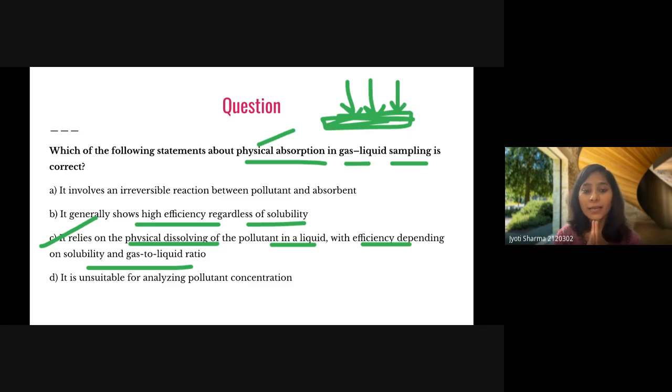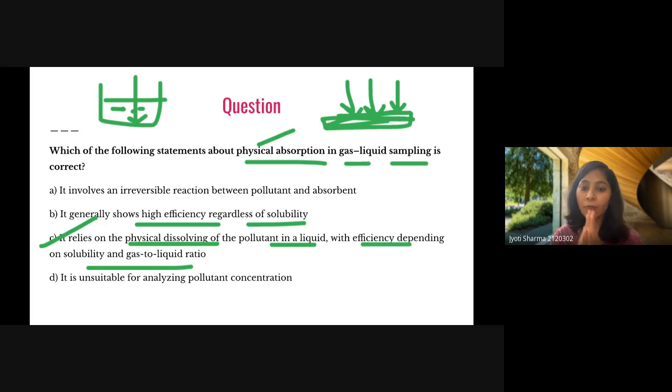The other is absorption, right? In absorption also we have physical absorption and chemical absorption. In physical absorption there will be dissolving only, and again there is no kind of reaction happening. Here we have some liquid and we are storing our air in that liquid. Just take the example of the ocean.